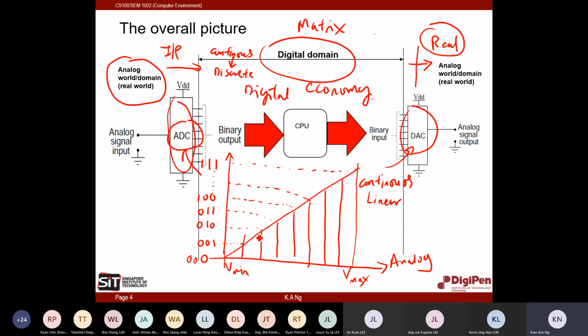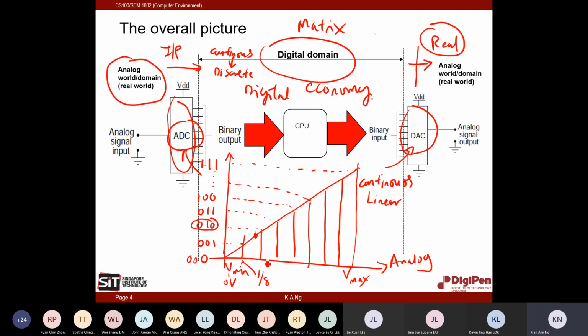Suppose your analog signal is here, the converter will directly convert this voltage to a discrete level of 0, 1, 0. If you do it mathematically, this analog signal is, say, 1/8 of the Vmax. Suppose Vmin now is 0 volts.